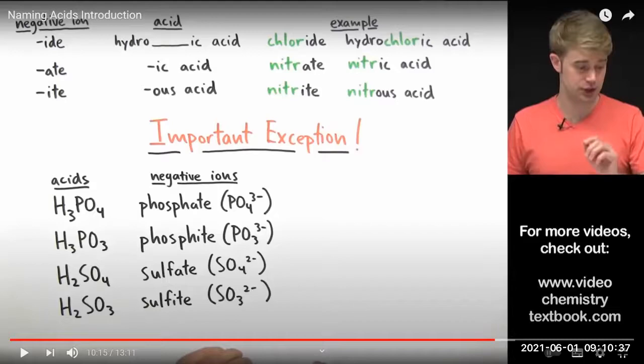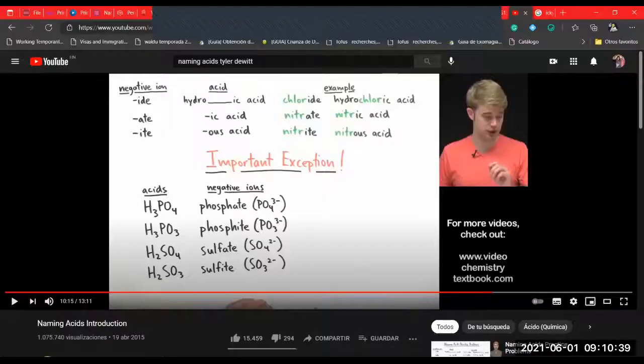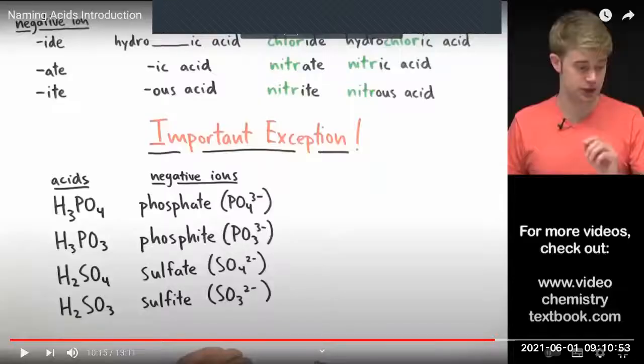I want to talk about some important exceptions, the exceptions that I already gave you, okay? The root for phosphorus and the root for sulfur, okay? It applies in the same way for the negative ions. So for phosphate, the root is going to be phosphor, and because it ends in -ate, it's going to be phosphoric.